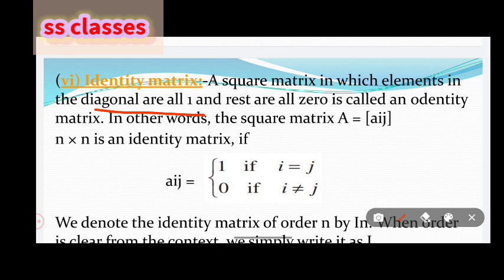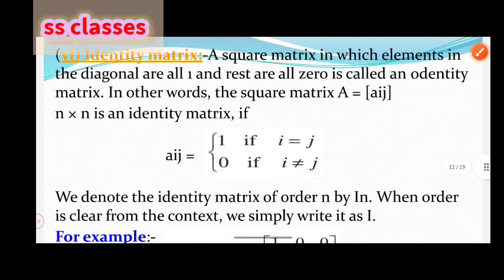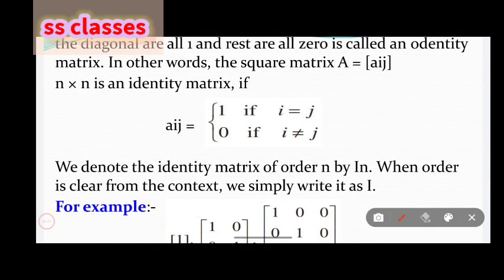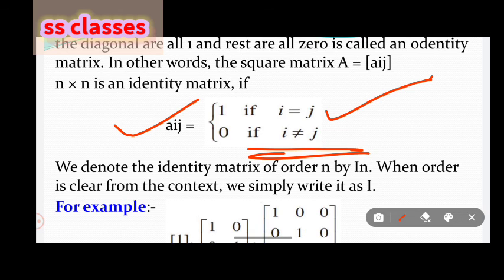In other words, the square matrix A equal to [Aij] n into n is an identity matrix if Aij equal to 1 if i equal to j, and 0 if i not equal to j.